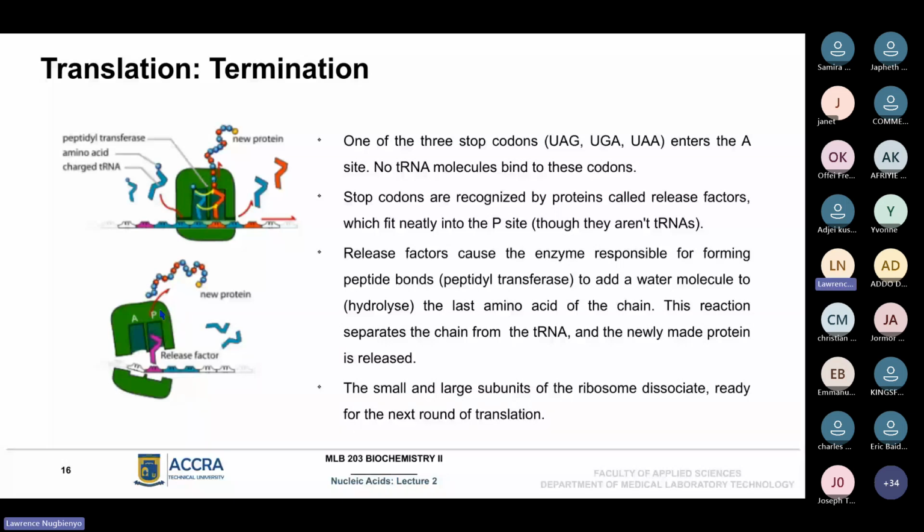Then, if there are some mistakes within the protein molecule itself, it will undergo processing where the portions that are not needed are removed, and the whole protein is now a functional protein, as an enzyme, as a neurotransmitter, as a hormone, or whichever protein, whatever function that it has, it goes and starts to perform such a function.